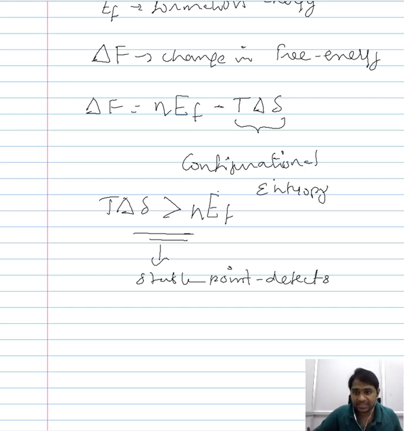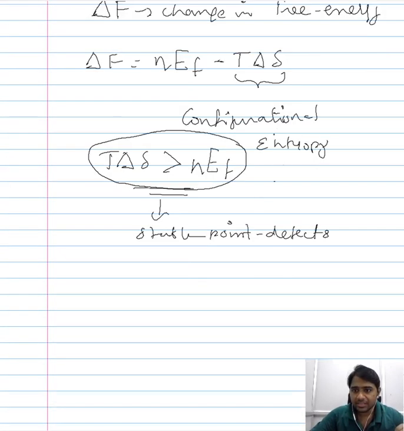Under this condition, when the influence of the entropy on the free energy density is greater than that of the point defects, then you have a stable point defect. Here the influence of the point defects on the entropy is through the configurational entropy.